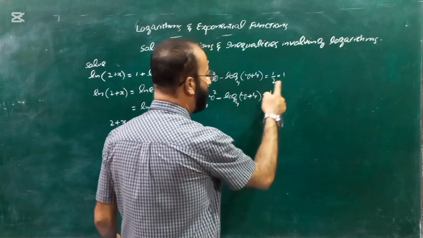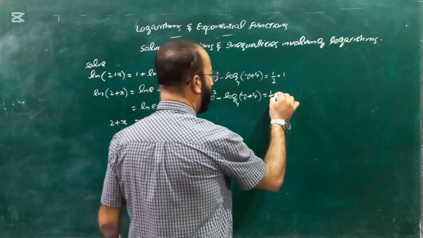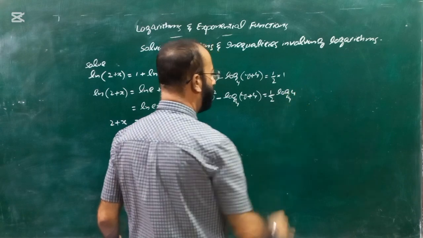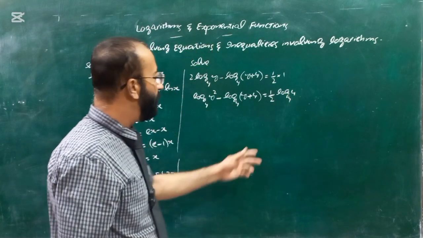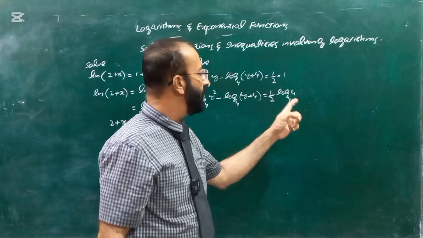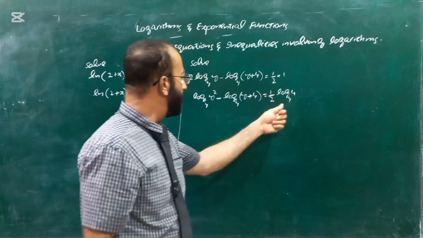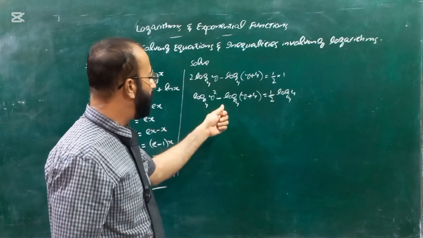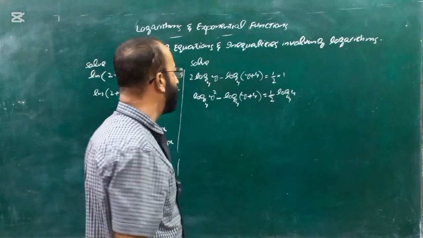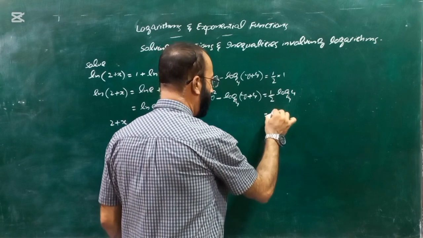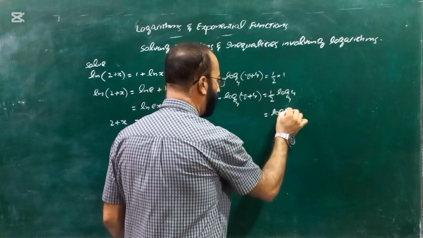We have multiplied 1 by 2 with the 1, so this 1 can be written as log base 4 of 4. Whenever the base and value are the same, the answer is 1. The reason to write this is that now all the values are given with log base 4. So on the right hand side this 1 by 2 will go to the power of 4.